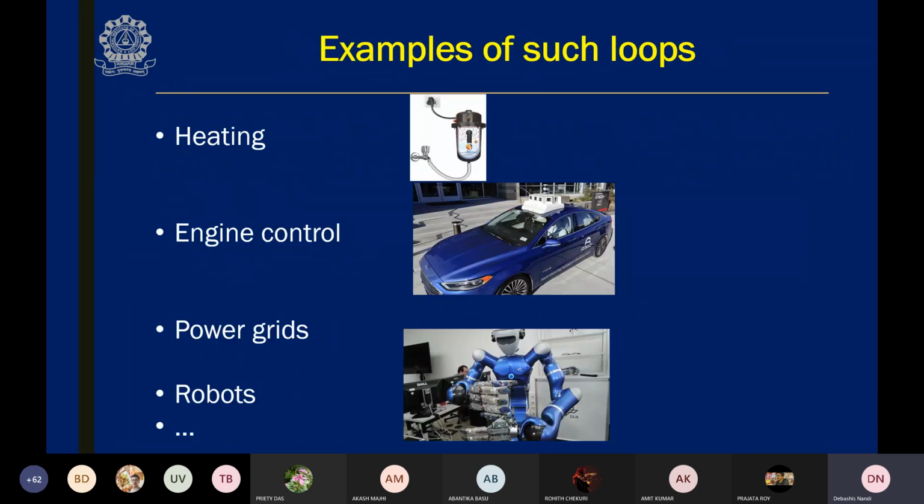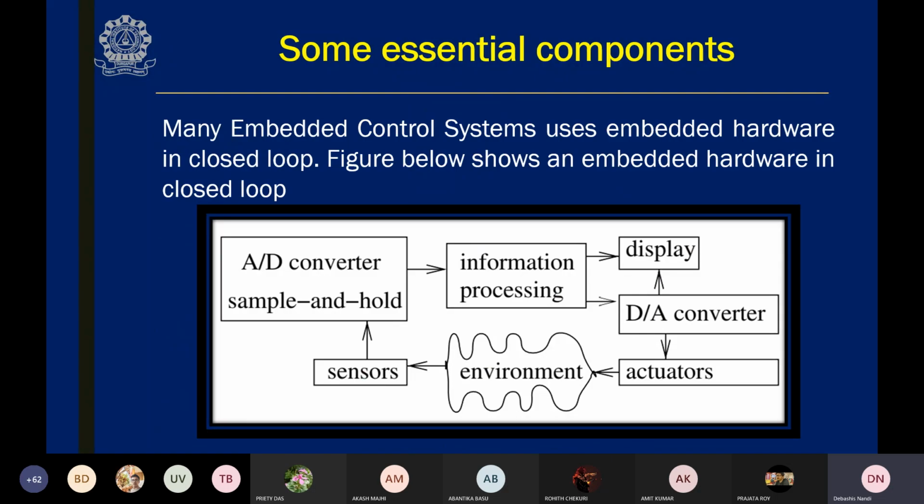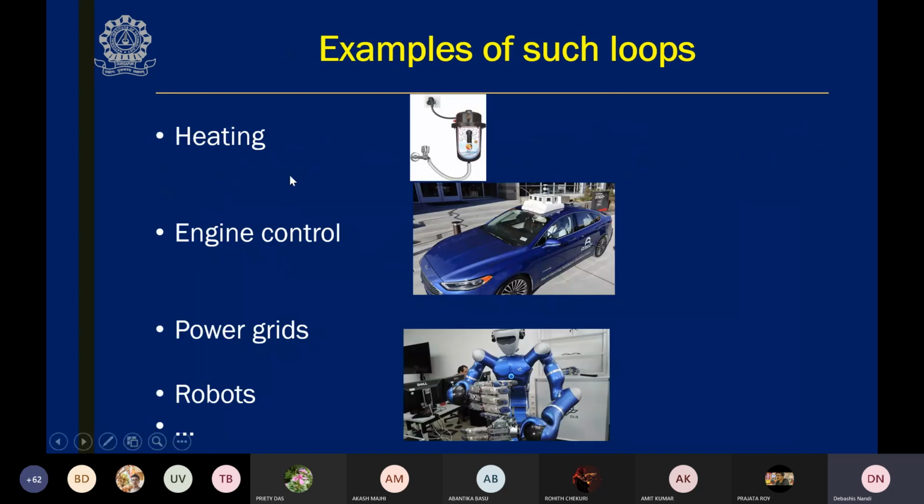Okay, now next, examples. I want to give some examples of where this kind of automatic control system is used. One of them is automatic heating control. The environment here means the temperature of the water, which can be sensed by a sensor.